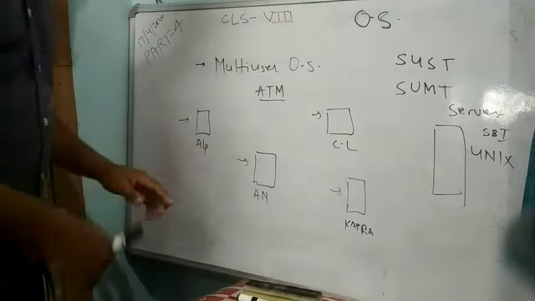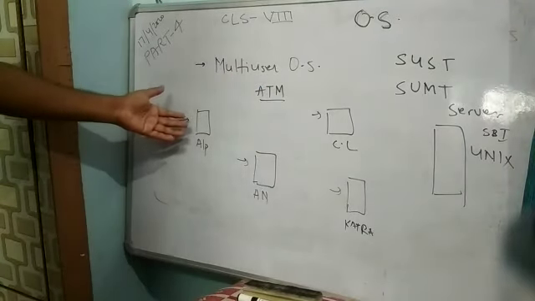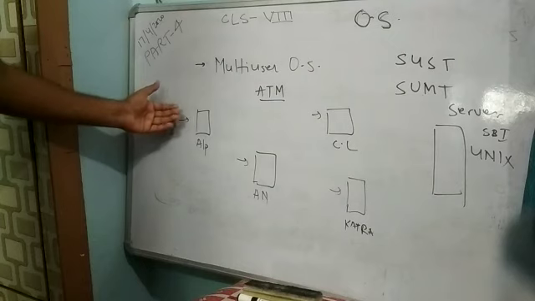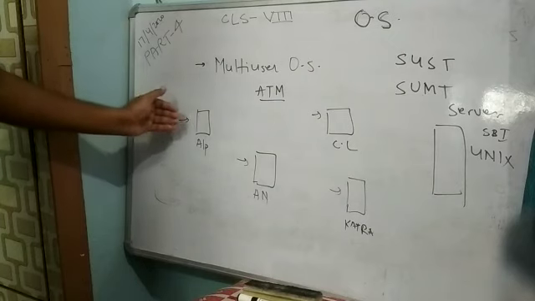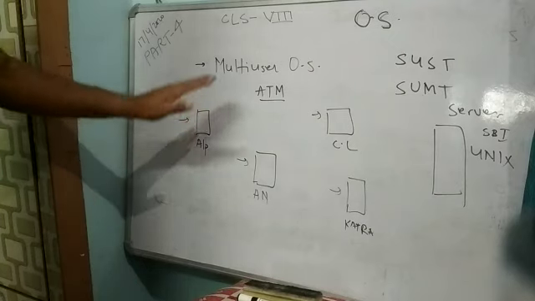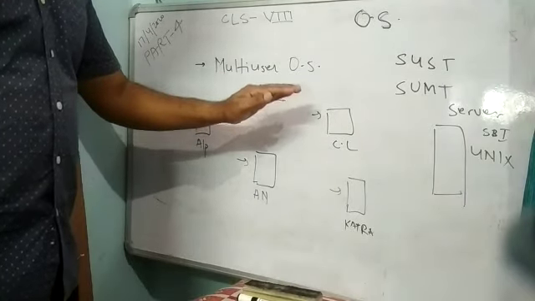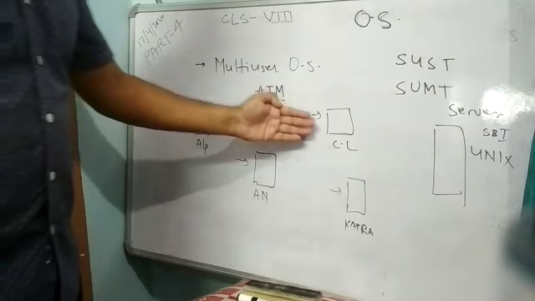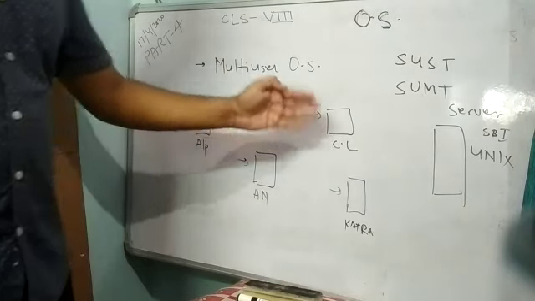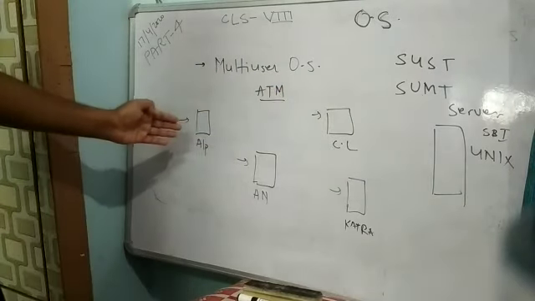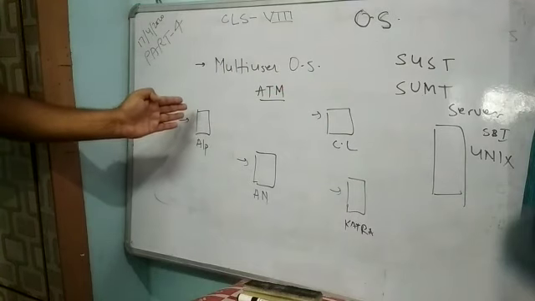It never happens that a person at the Civil Lines ATM has to wait until a person at Allapur's ATM takes the money.